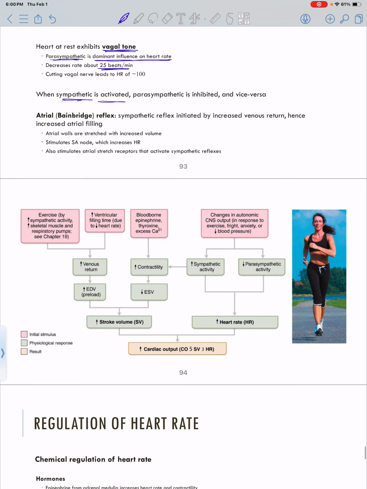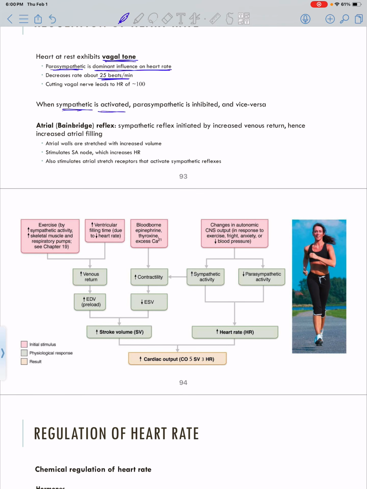We have something called the atrial Bainbridge reflex. This is just an autonomic sympathetic reflex that's initiated by increased venous return. If we have increased venous return, we're going to increase the amount that we fill our atria, so it's going to lead to increased atrial filling. What happens is, as we increase our filling, we're going to stretch our atrial walls. If we stretch our atrial walls, we can increase the volume which they can hold.